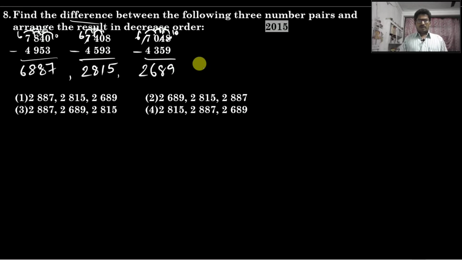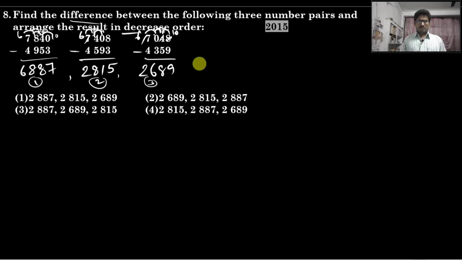We have to arrange these in decreasing order, meaning descending order, meaning big to small. So this is the first position, this is the second position, this is the third position.